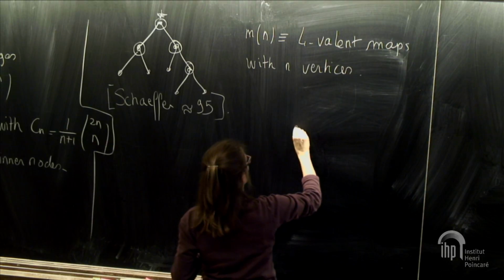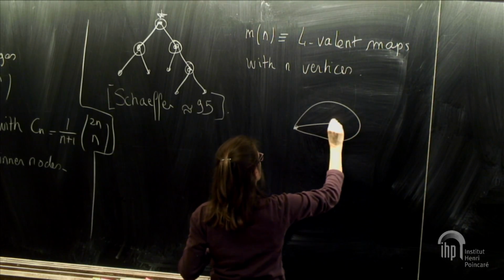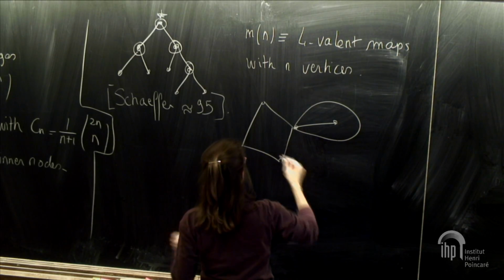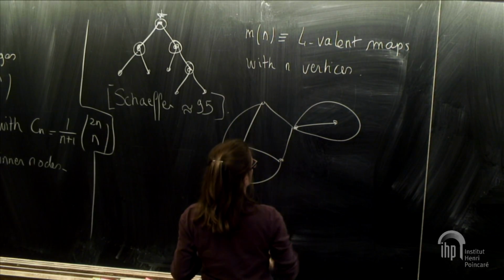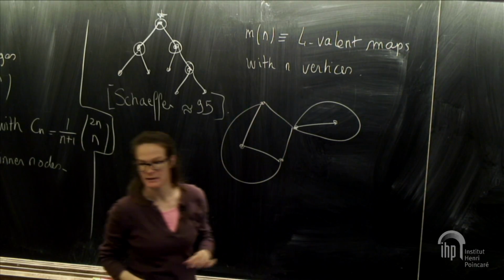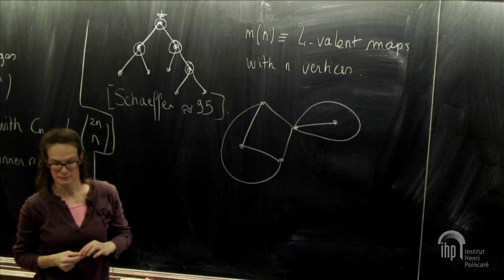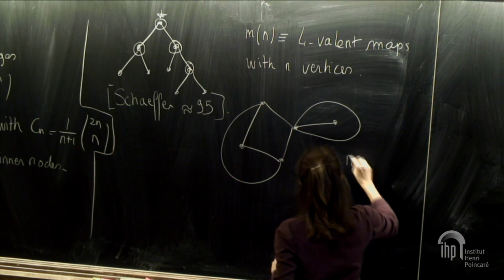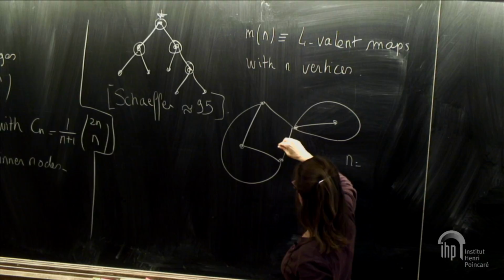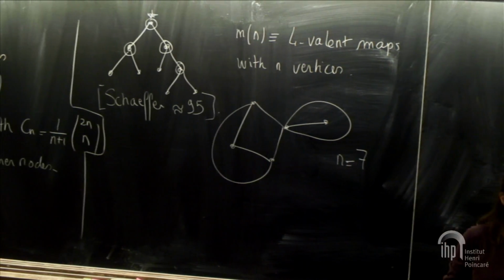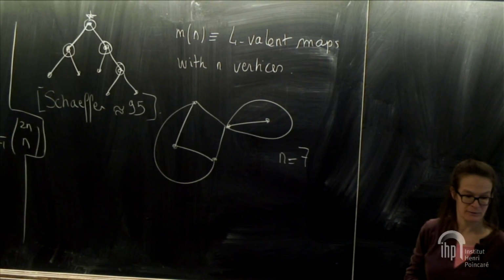So let me take a map. Here's my map. By 4-valent, I mean that every vertex has degree 4. From this map, which has 1, 2, 3, 4, 5, 6, 7 edges, I should build a 4-valent map with n vertices.